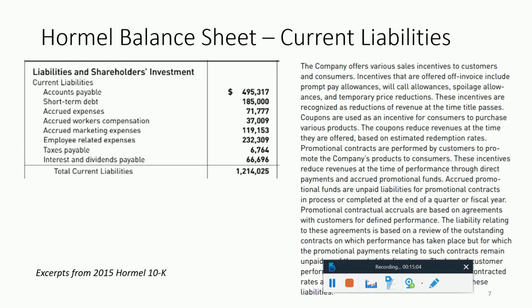It also represents the fact that they have marketing campaigns on TV, news, print, and radio. So this paragraph on the right gives you a little bit more clarity and detail about what that represents.